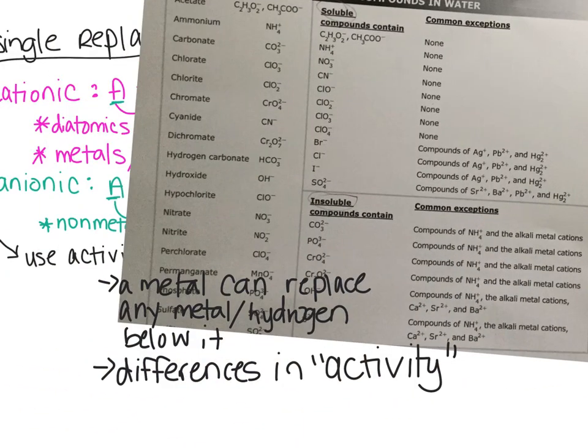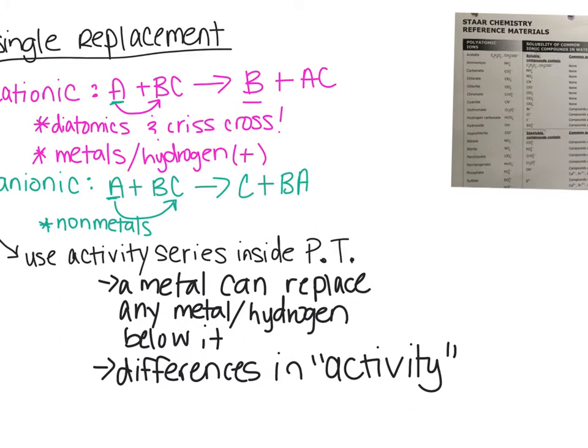When we have a bigger difference, it usually means the reaction's also going to go a little bit faster. You're going to see it happen quicker. It's going to bump it out right away. Versus something that has about the same activity as the other one, you're going to have to wait a little bit. You'll see a specific station on the next lab that takes forever because they're so close together on this activity list.